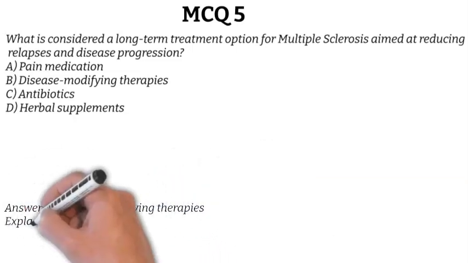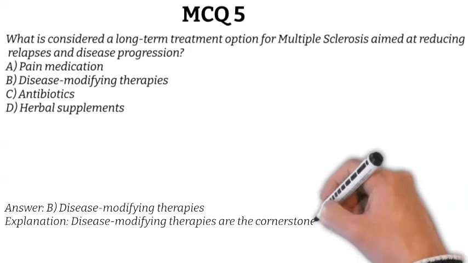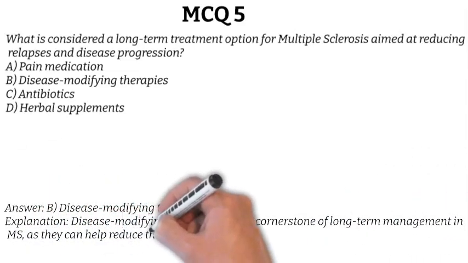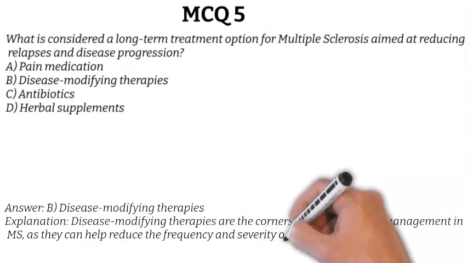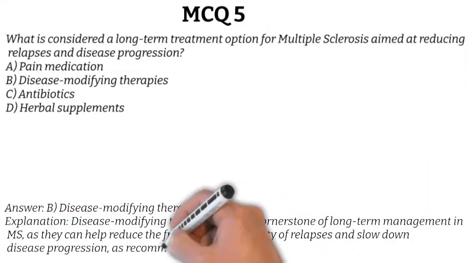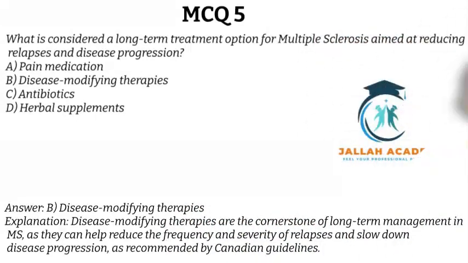We did talk about this, which is the disease modifying therapy. And we do know about the medication too. It is used for long-term management and it decreases the frequency and severity of the relapse and slows down the disease progression, and is recommended by the Canadian guideline. Remember the names?